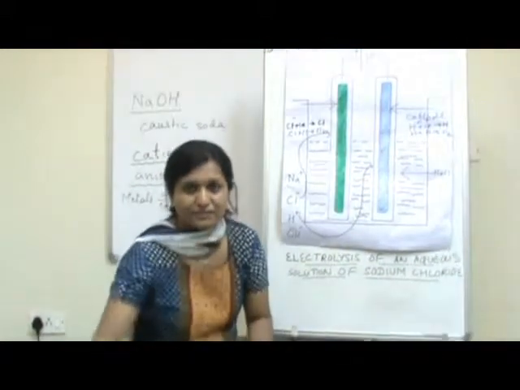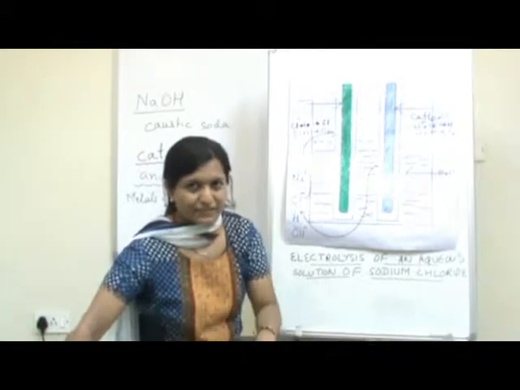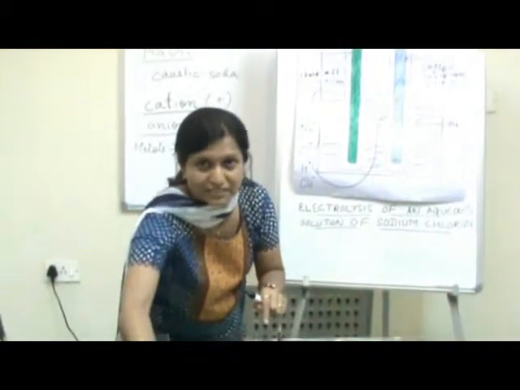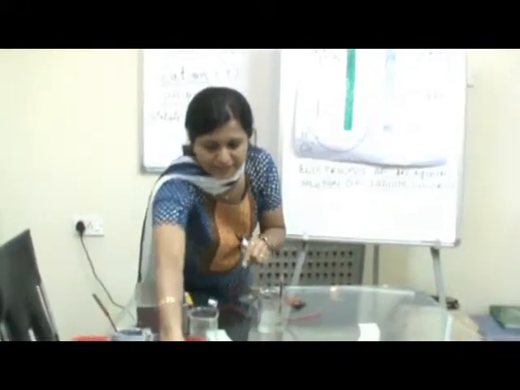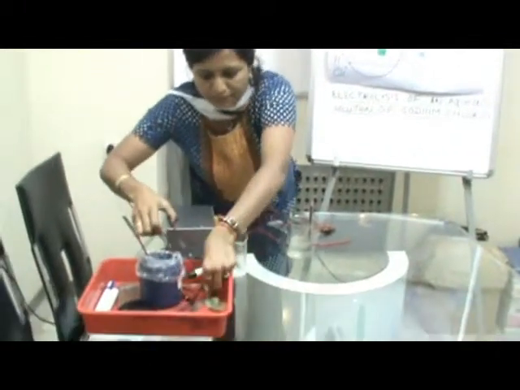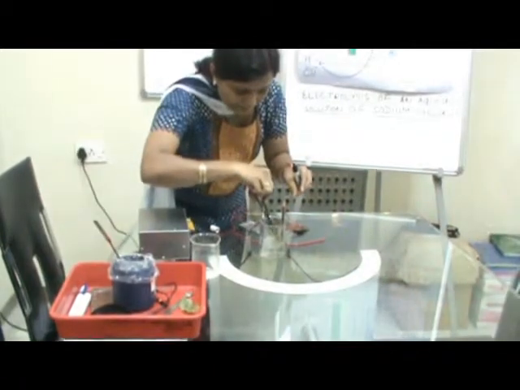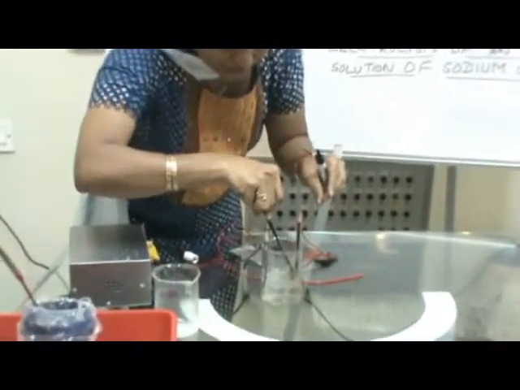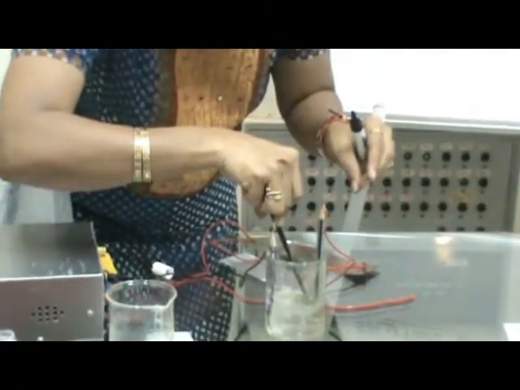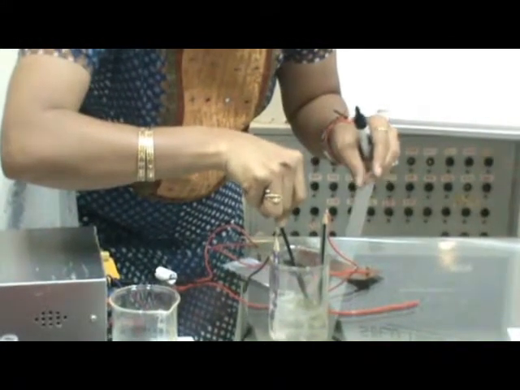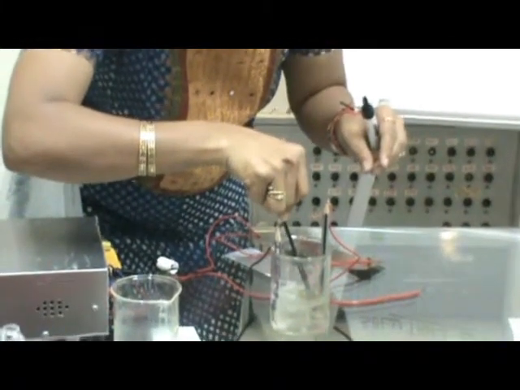Now if I insert a leaf into it, because of the bleaching action of chlorine, this leaf will get bleached. Now I insert a leaf into this bleaching water, and because of the bleaching action of chlorine, the color of the leaf will go.